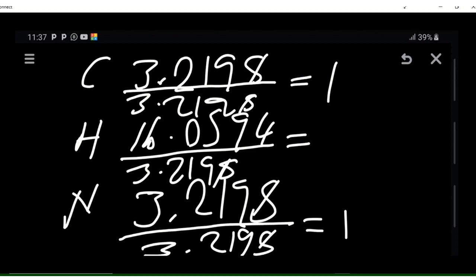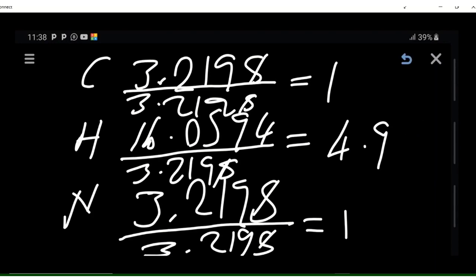We are rounding it off to 5. When we round it off, 4.98 becomes 5.